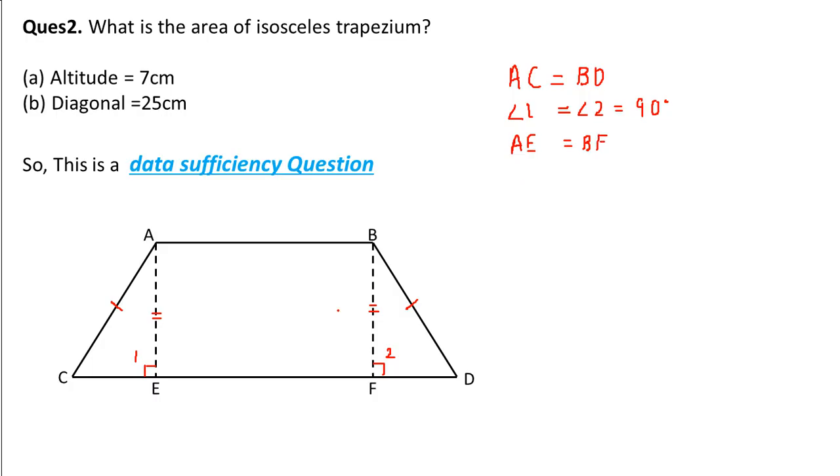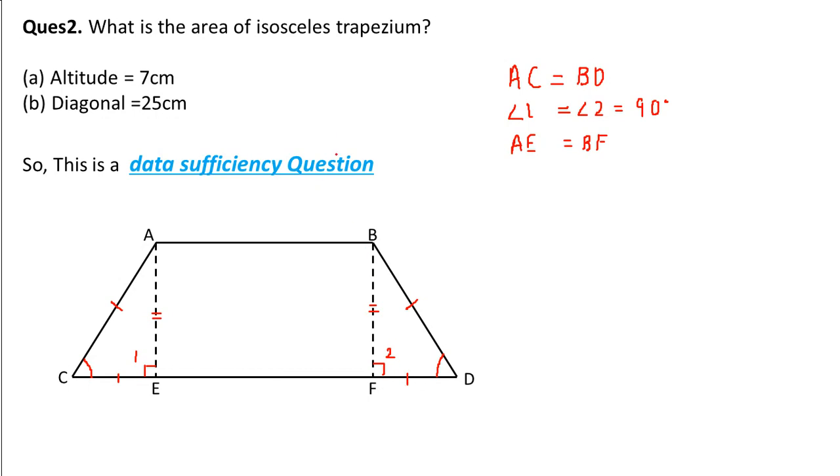Therefore, in these two triangles, BFD and AEC, both are congruent by RHS. So I have this angle equal to this angle and CE is equal to DF.